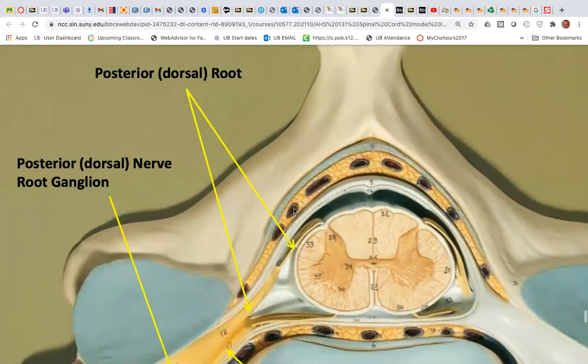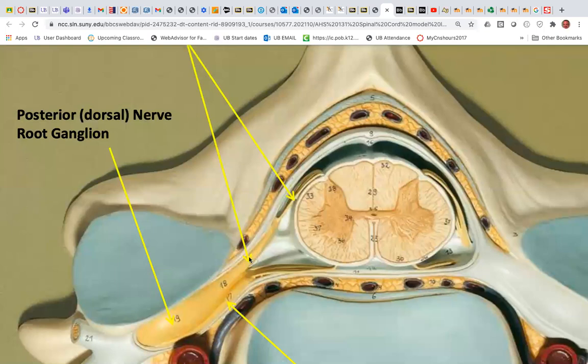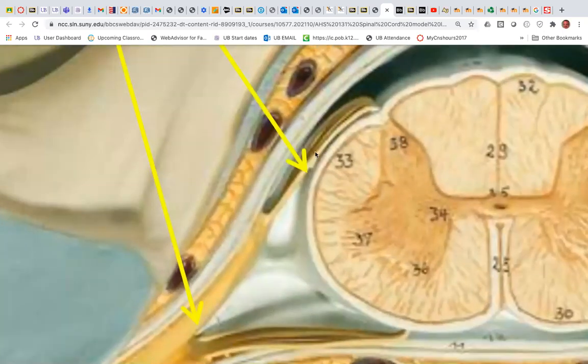And there's a little bit of a differentiation that happens here. So this is the dorsal nerve root, but there's a difference in appearance between this nerve root and these smaller rootlets. So these are dorsal rootlets or posterior rootlets.